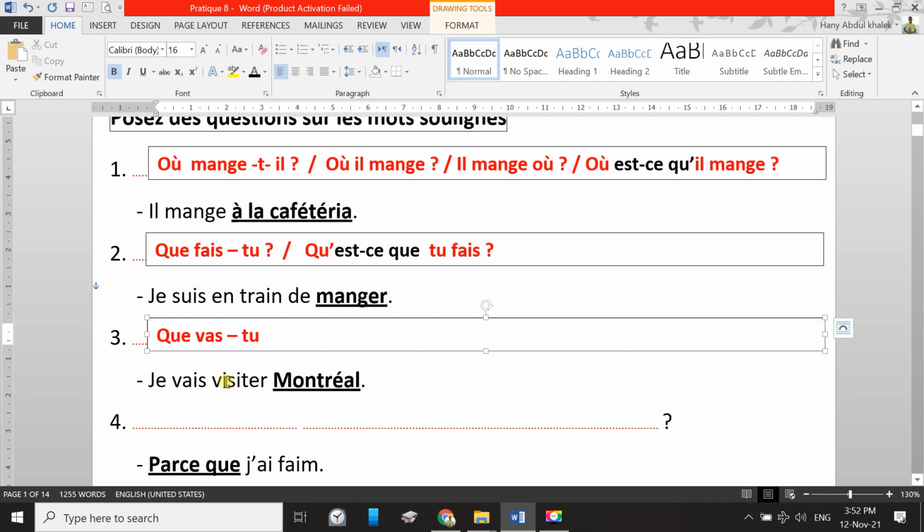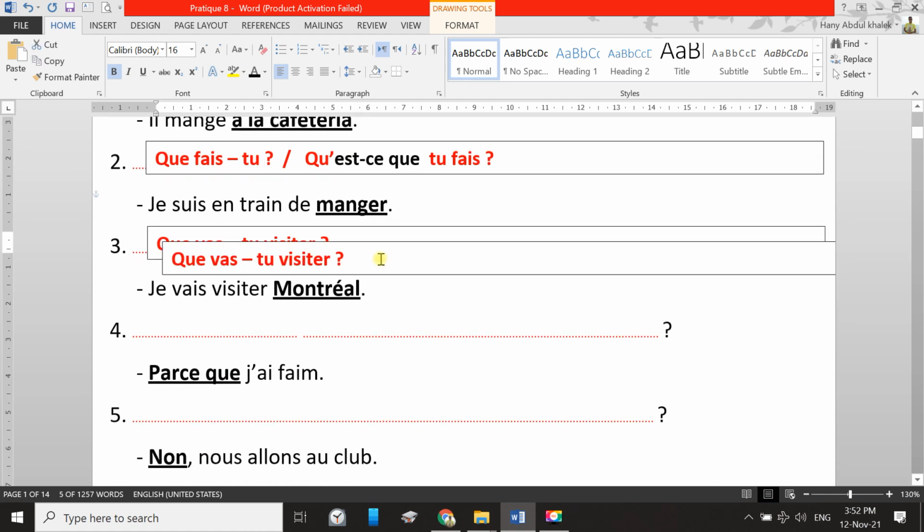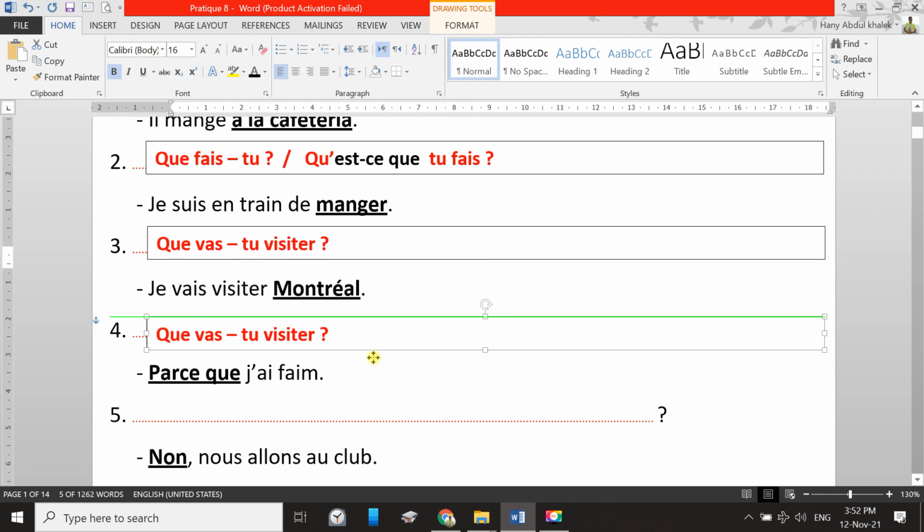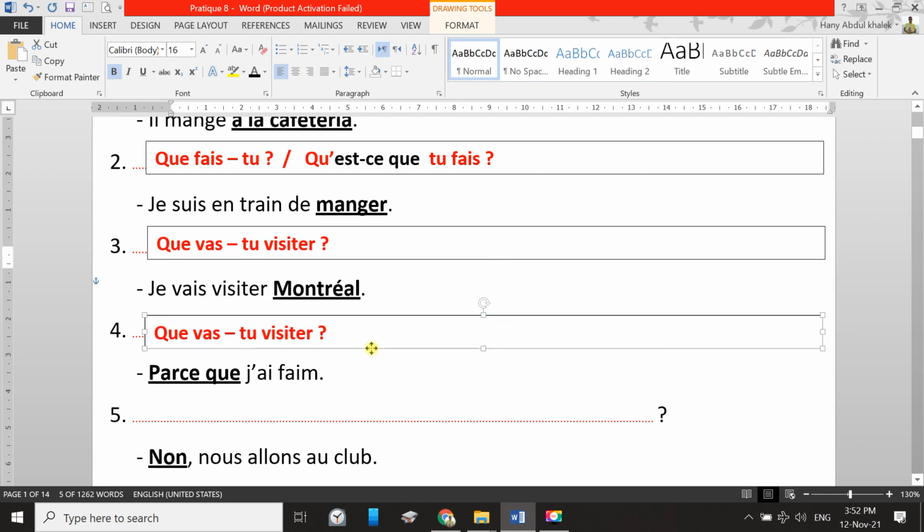So here we make the inversion between the first verb and the subject pronoun. Que vas-tu visiter? What will you visit? Okay, que vas-tu visiter? What will you visit? I will visit Montréal, which is Montreal in Canada.